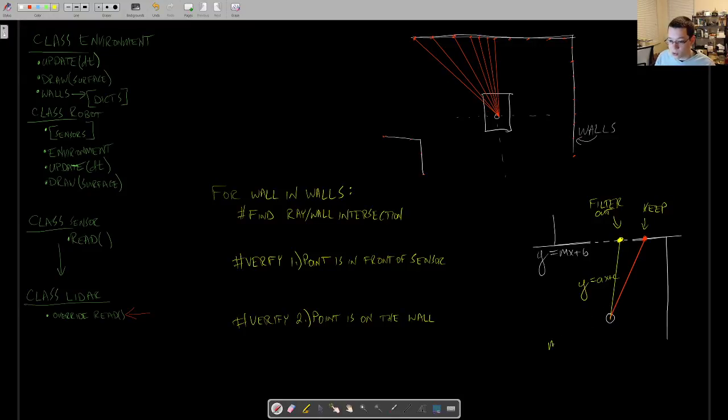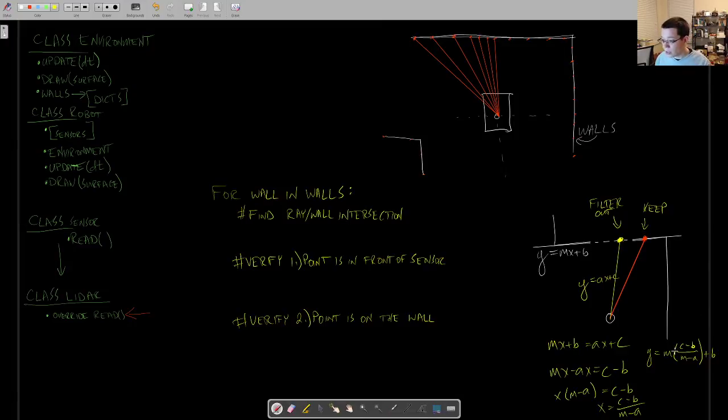And then you would set them equal, solve for x, and then solve for y. And that would be your intersection point.